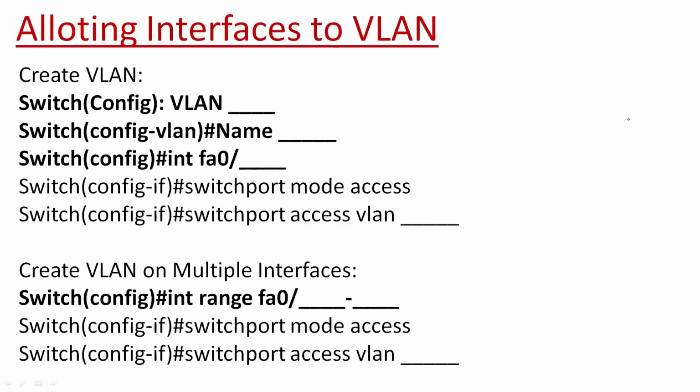These are the commands: on the switch, go to global configuration mode, put the VLAN number and name HR. Another one is VLAN 3, which doesn't ask for a name. These are the commands used to create the VLAN information on the switches.